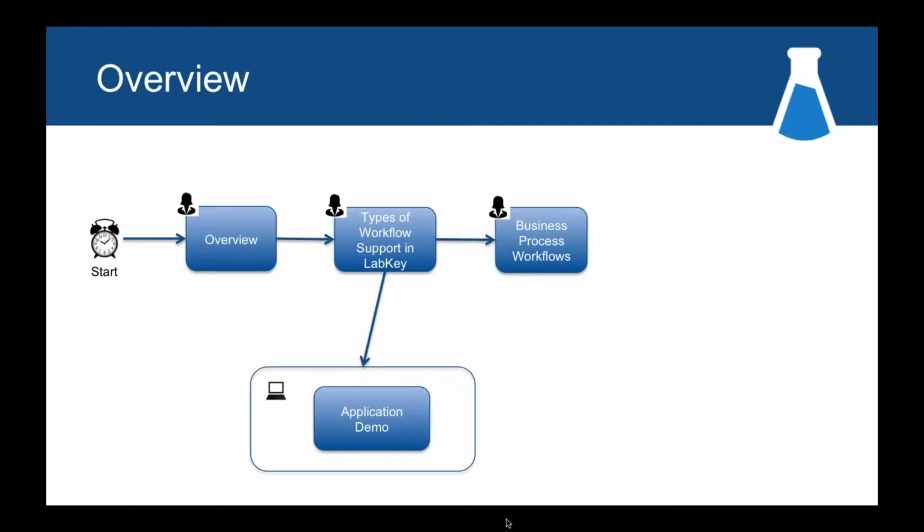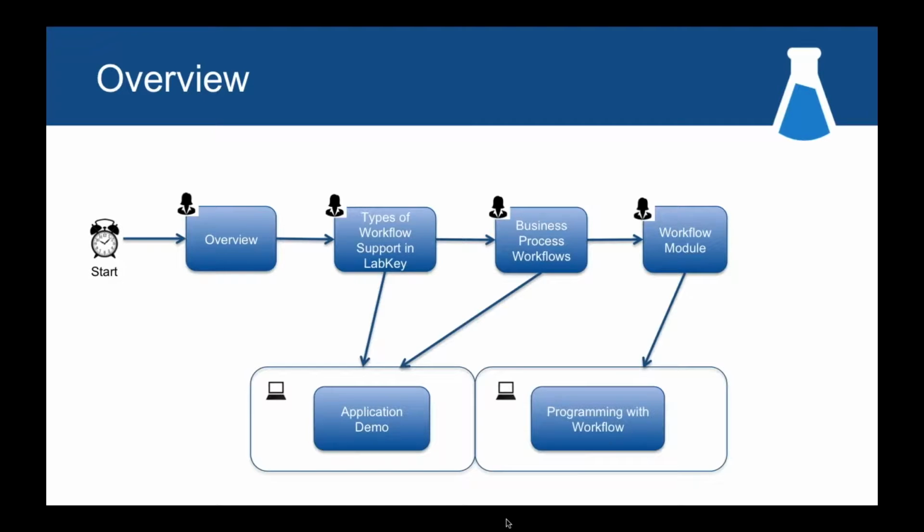And then I will introduce the business process workflows and their capabilities, and also show you a couple of examples of those in action, and then talk about the workflow module and programming with the workflow module itself.